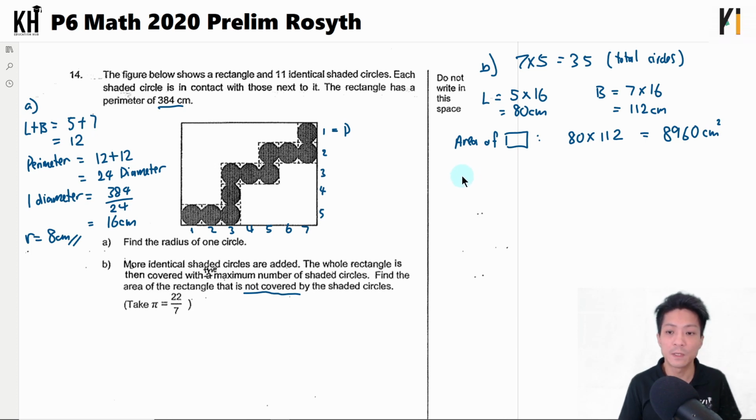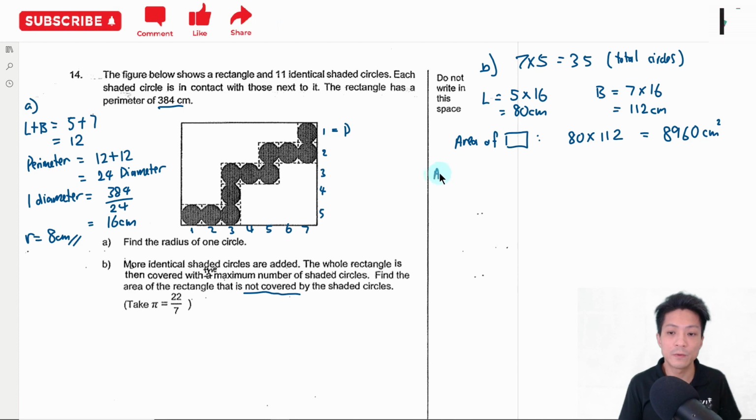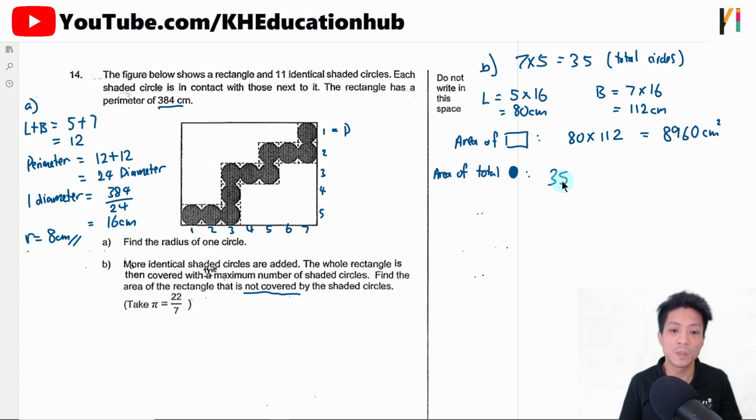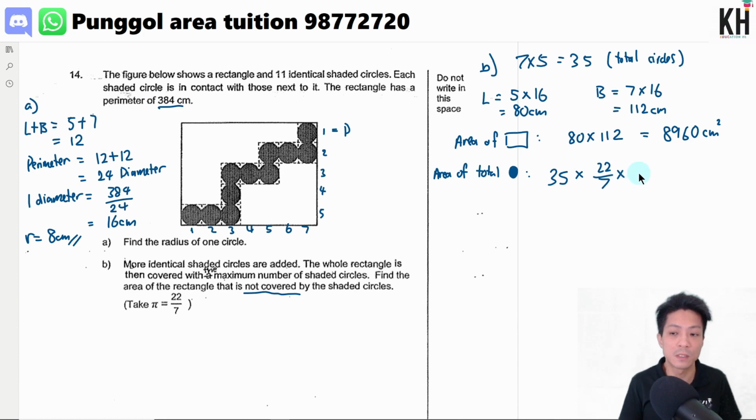Okay, so I'm going to find the area of the total circles. I found that there are going to be 35 of them. To find the area of one circle, I need to use pi times r times r.